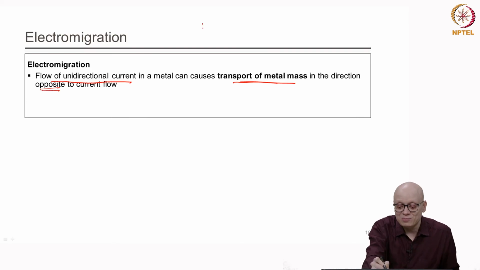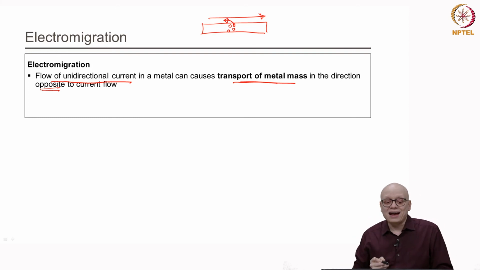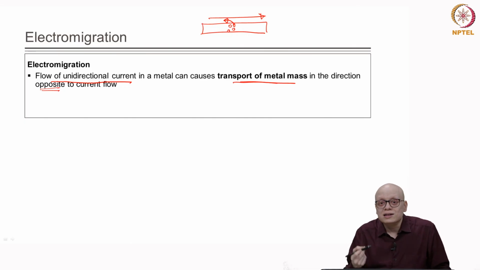If this is a metal and the current flow is in this direction, the atoms of this metal may actually move in the opposite direction, and ultimately it can lead to circuit problems like short circuiting and open circuiting. Now, why does this happen?